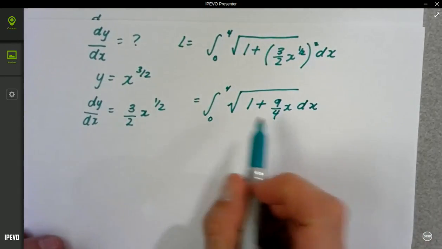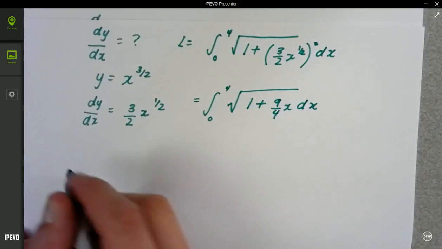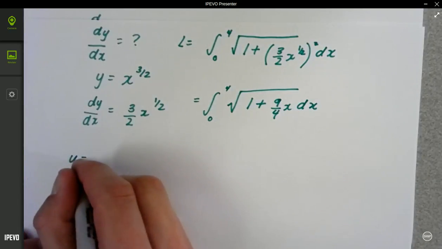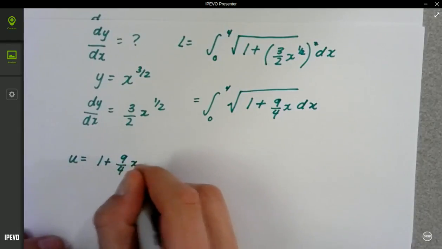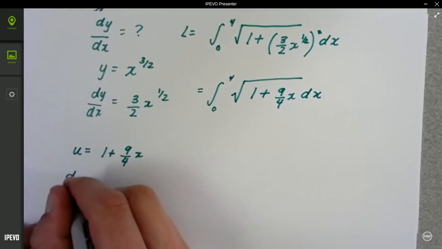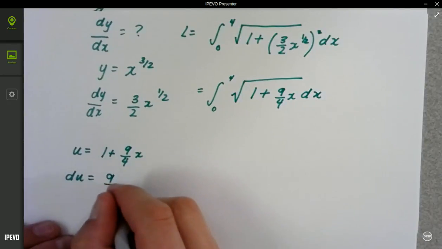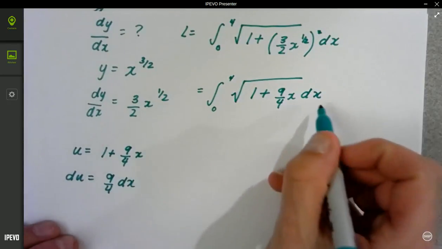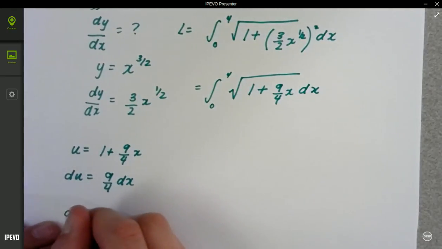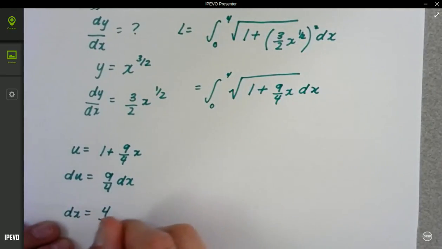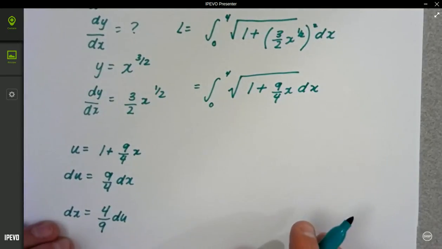This is when we have to get a little creative. We have to integrate this and evaluate, and we're going to use u-substitution. Let u equal 1 plus 9/4 x. That means du equals 9/4 dx. I don't have 9/4 dx, I just have dx. Solving for dx, I get dx equals 4/9 du, multiplying each side by the reciprocal.